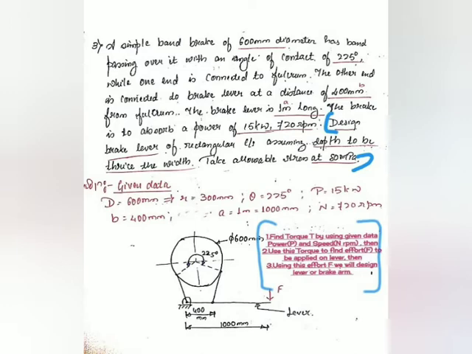Once you get the torque value, using that torque you can find the effort to be applied on the lever, that is capital F. Once you get the F value, then you can go for designing the lever or brake drum. These key steps have been shown in blue brackets. So this is the general analysis of this particular problem, and this is how we'll proceed.